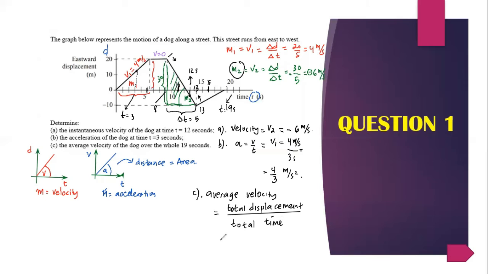Okay, now we're going to sum up all the total displacement. How much is the total displacement here? The first graph is 20. Here, A. What about B? 30?